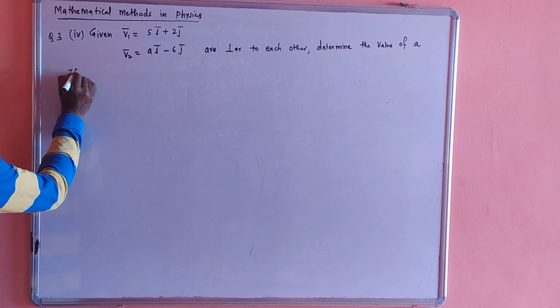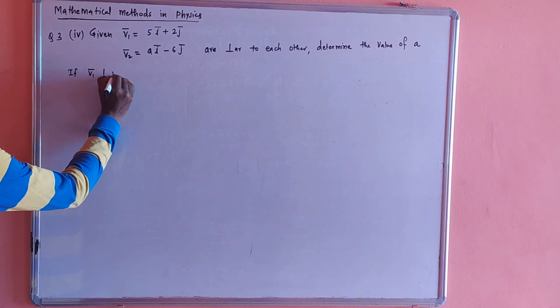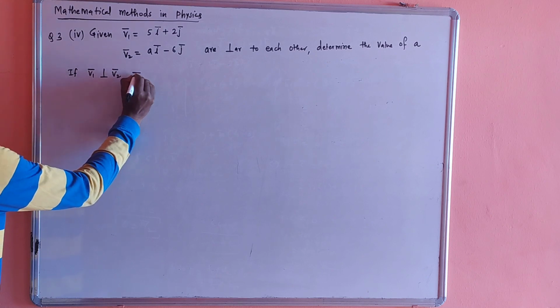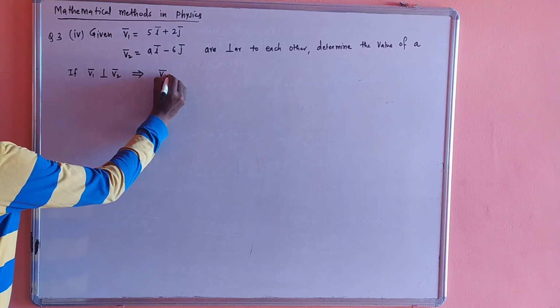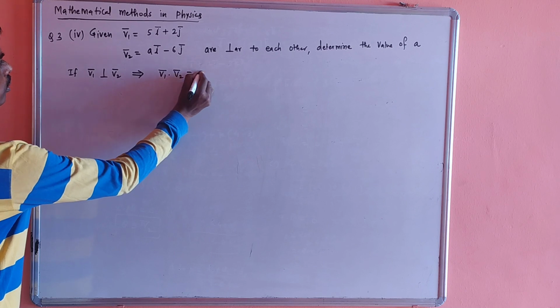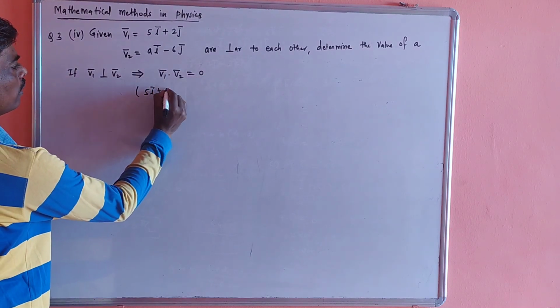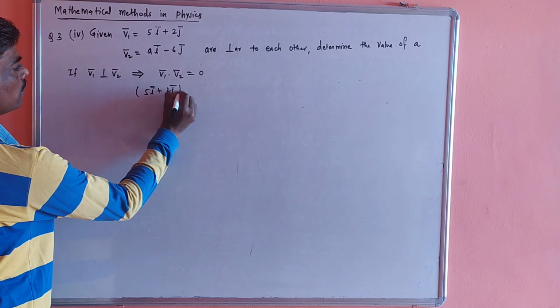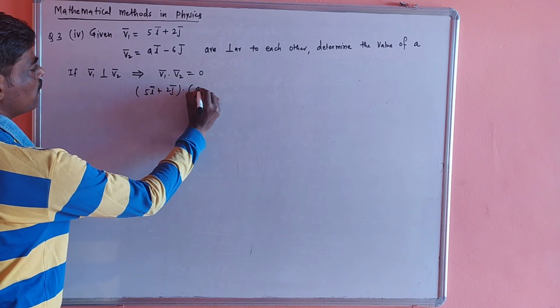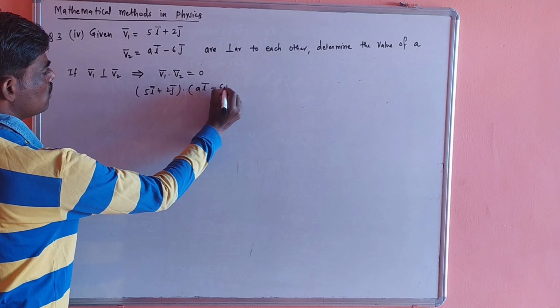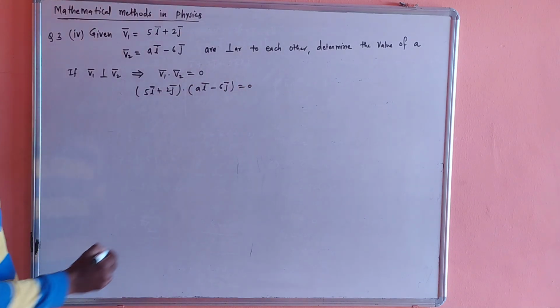So if v1 is perpendicular to v2, it implies that v1 dot v2 is equal to 0. So in the first bracket write down 5i plus 2j, dot, in the second bracket ai minus 6j, is equal to 0.